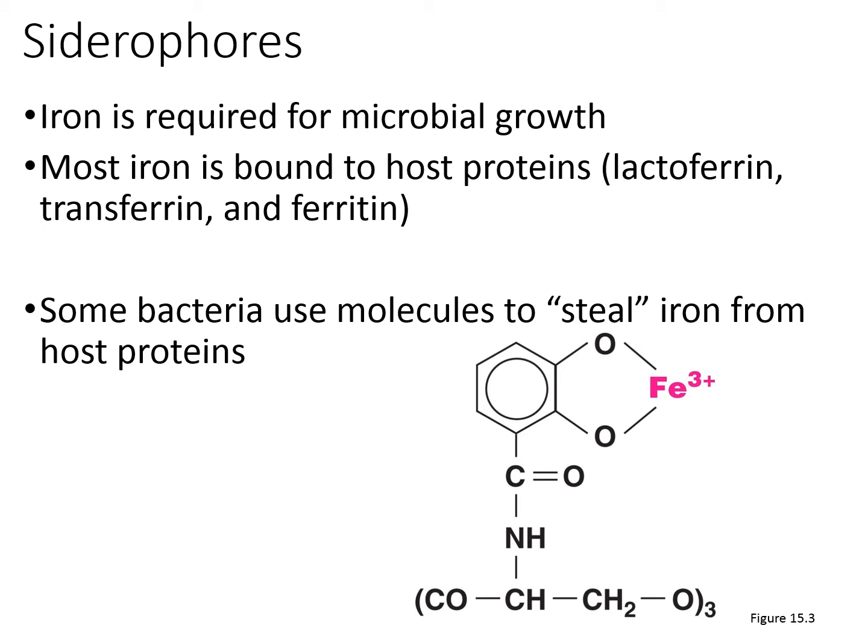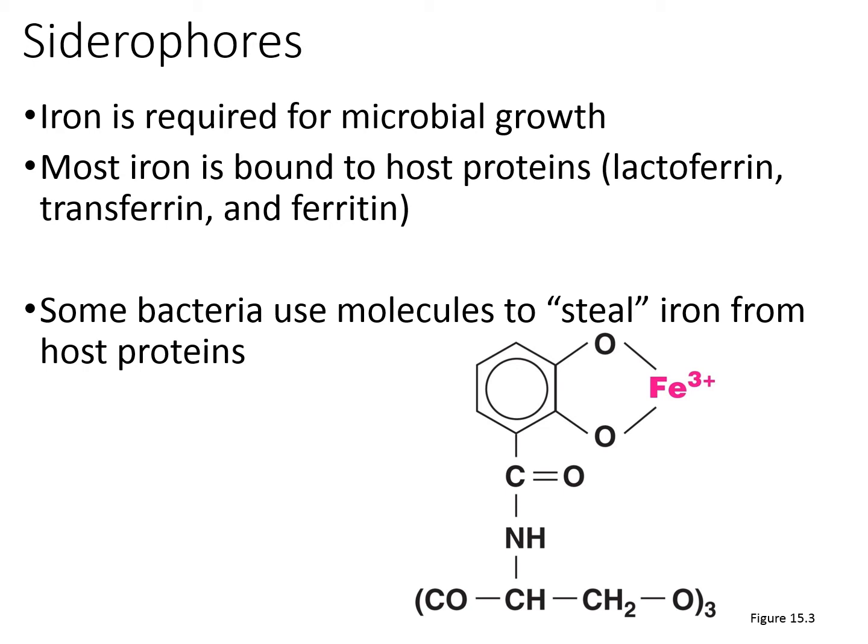This protein has a very strong affinity or attraction for iron. So as it circulates in the blood, what it does is it grabs any free iron that's around, and then since that iron is not available for bacteria and fungi, it helps keep those bacterial cells and those fungal cells from growing. That might be in the blood, which is unusual, by the way.